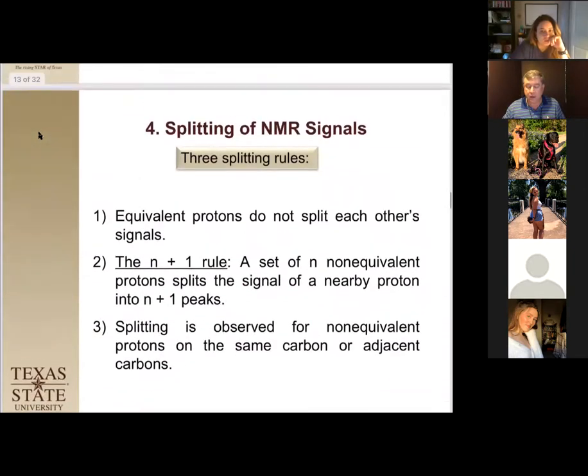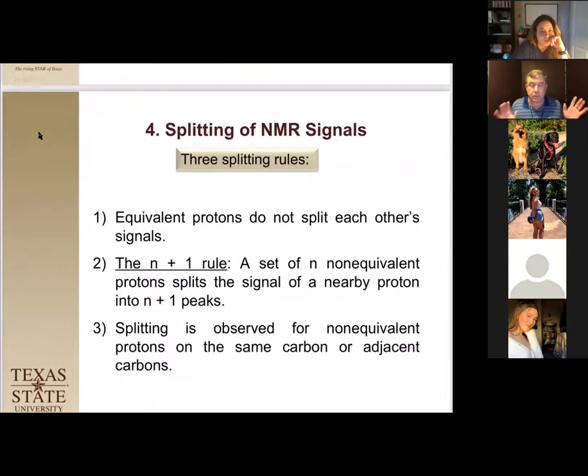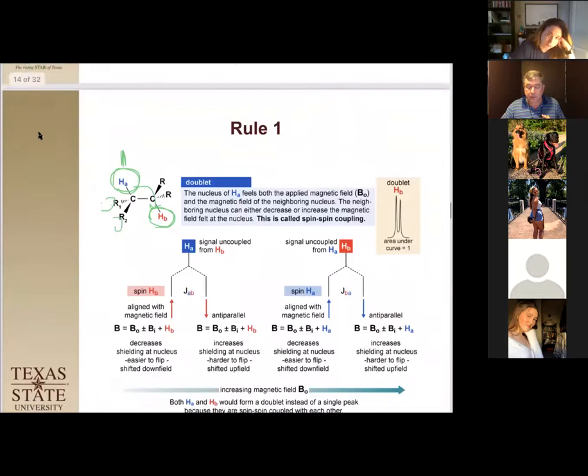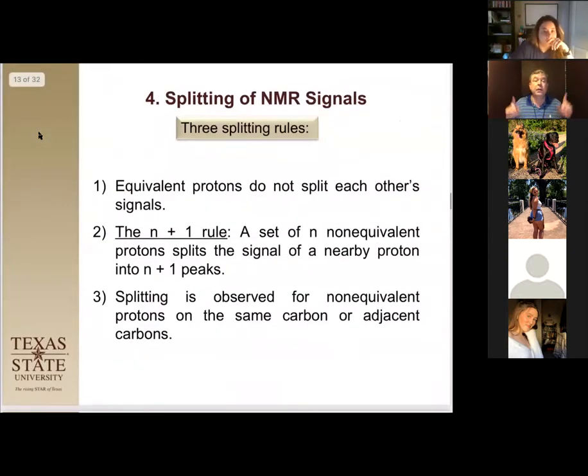Okay. And so now we're going to take on splitting. Splitting is the one that tells you exactly how many hydrogens are next to your peak of interest. Okay, so we said that the first rule is equivalent protons on the same carbon do not split each other's signal. So we get 1 signal for that type of hydrogen.